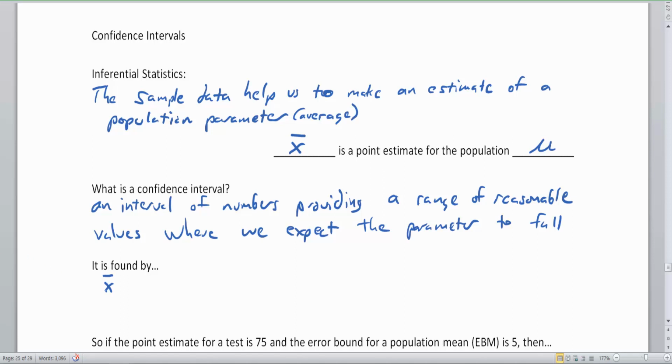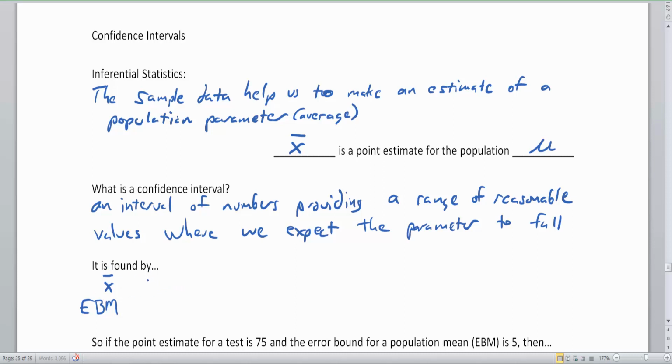So what we call this is the EBM. All right, so let's explain how we find our confidence interval with these two symbols here.